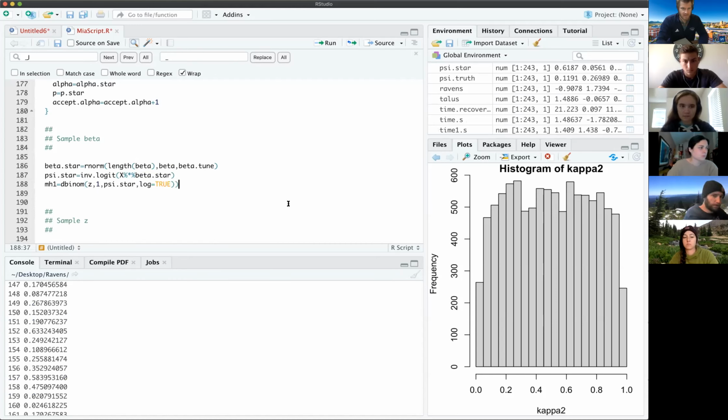We're gonna have to sum these up. Only summing over the i's though, we don't have j's. So the probability that z equals 1, given the occupancy probability. All right. And then priors.